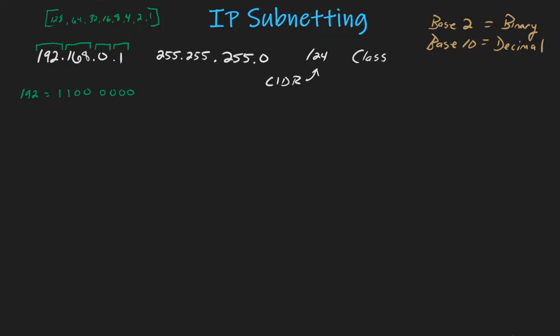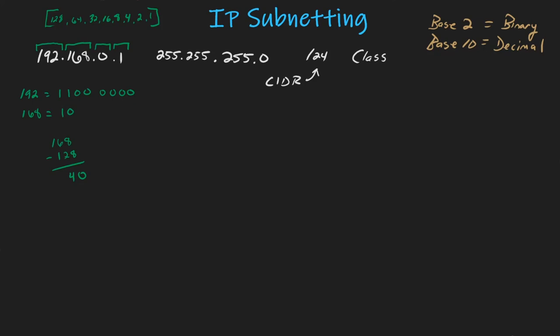Now let's go ahead and do the same for 168. So 168 equals, let's do the same exact thing. Can we fit any in 128? Yes, we can. So if we were to do the math again, let's go ahead and say 168 minus 128 equals 40. So now can we fit any 64s in? No, we cannot. So that's a 0.